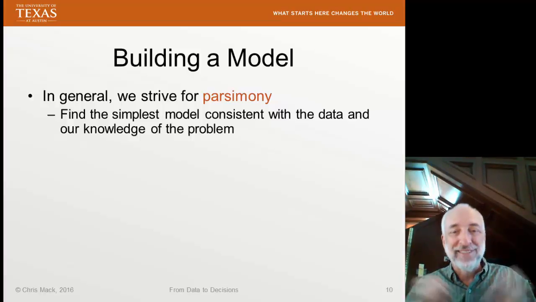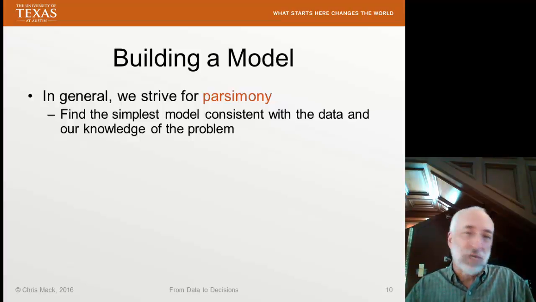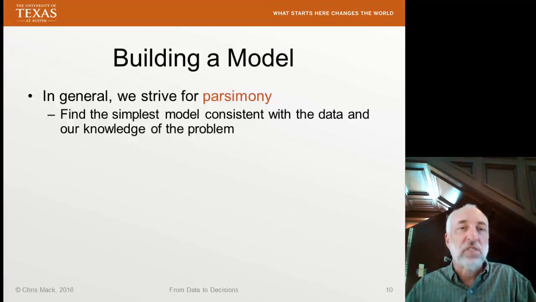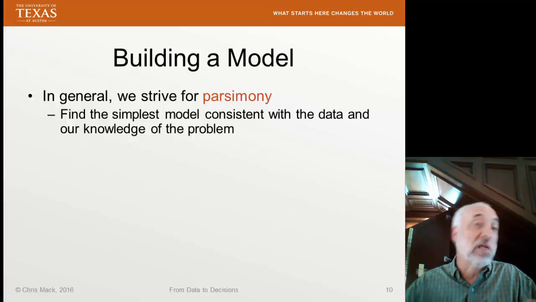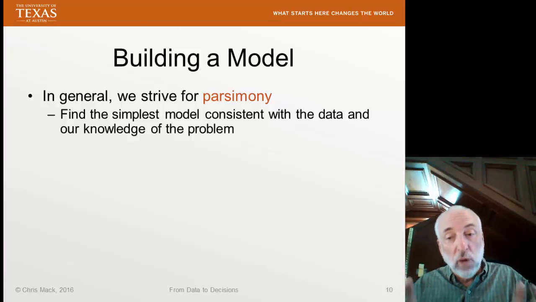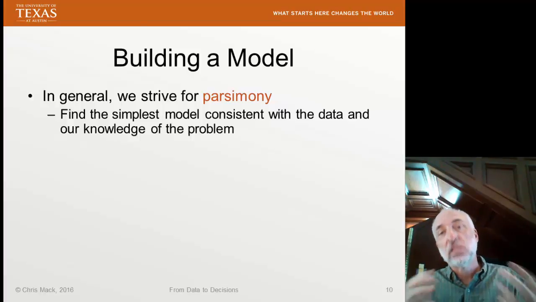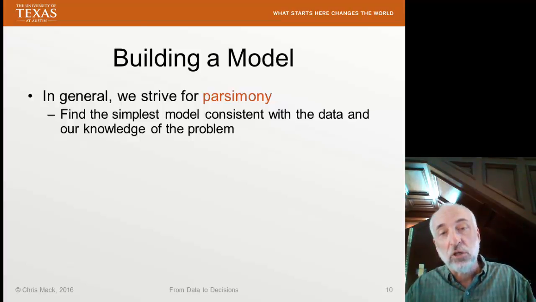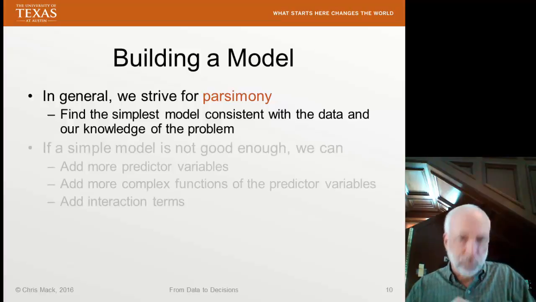Henri Poincaré had a great discussion of this more than a century ago, and he said, well, of course, whatever model fits the data, you can always make the model more complicated by adding extra terms. You can make it as complicated as you want. But what we want is the simplest model that does a good enough job with our data.